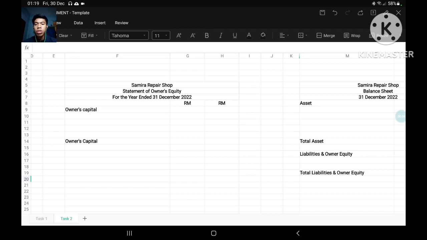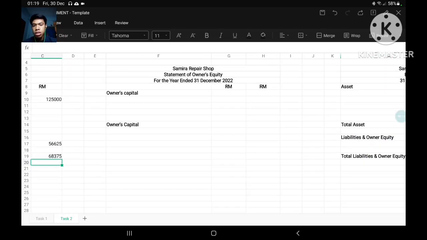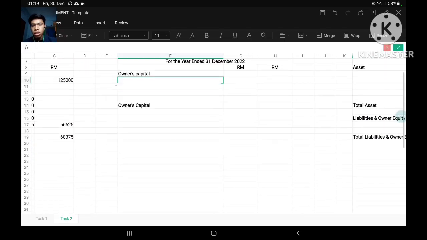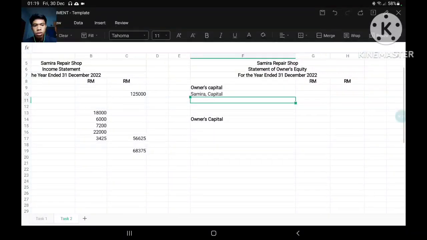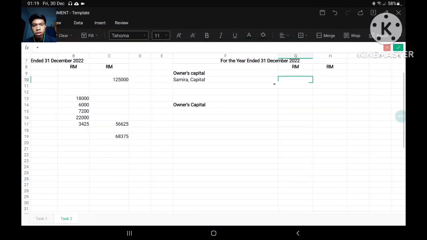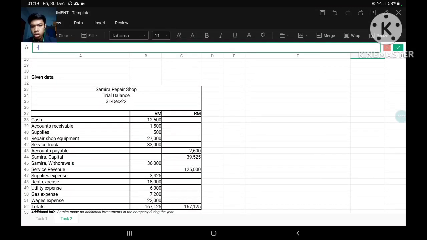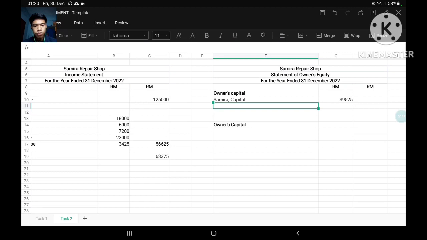Okay, next we go to the statement of owner's equity. How to get owner's capital? We get on this table and just type equal summary capital and check this, equal, take the amount, plus the net income.